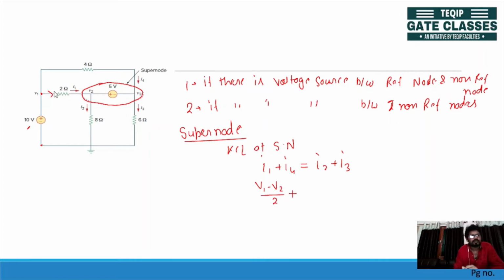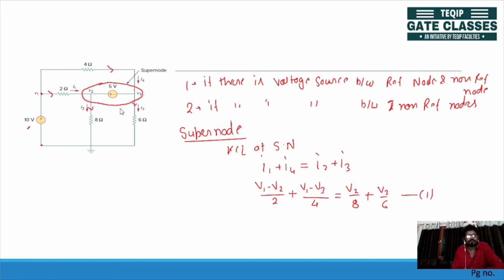I4 is this current, that is V1 minus V3 by 4, is equal to I2. I2 is this one, that is V2 minus 0 by 8, plus I3. I3 is this current, that is V3 by 6. Okay, this is your question 1.